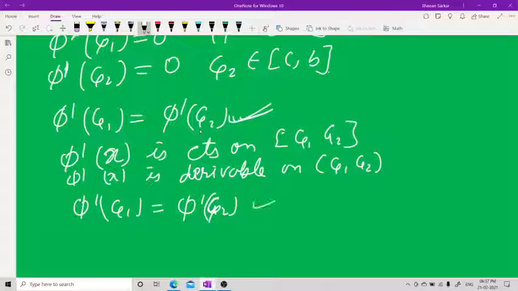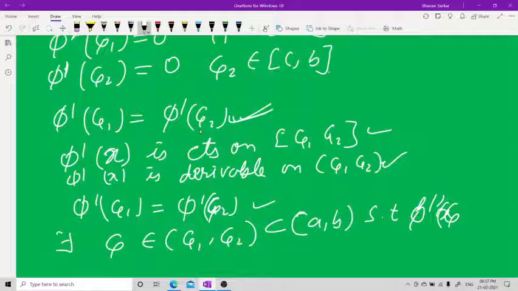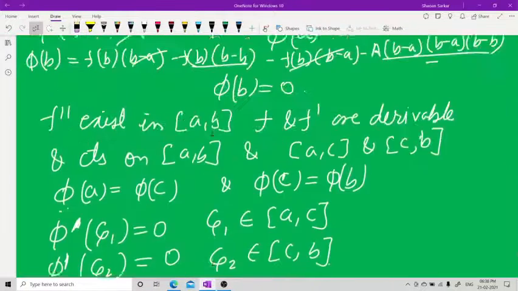So all the conditions of Rolle's are satisfied. Therefore there exists a xi belonging to xi1 comma xi2, which is a subset of A comma B, such that phi double dash of xi is equal to 0. So now you have to go for the double derivative of phi.